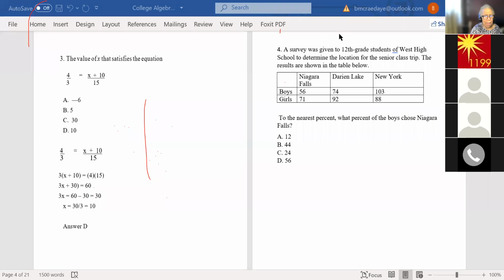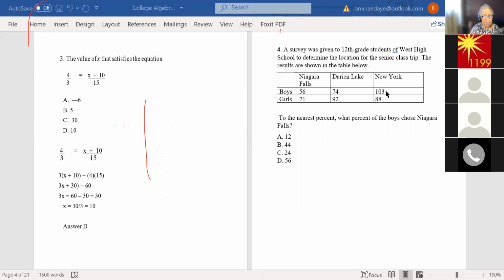I'll start back on number 4. You have a survey of students, boys and girls. There are 3 places they're trying to choose from for their senior trip. Determine, to the nearest percent, what percent of the boys chose Niagara Falls. 56 boys chose Niagara Falls, 74 Darien Lake, 103 New York.